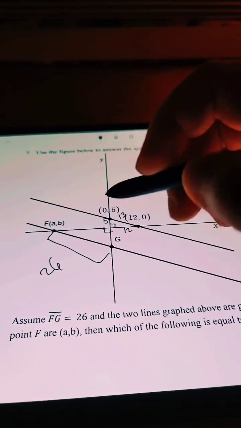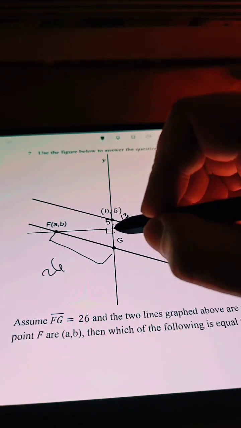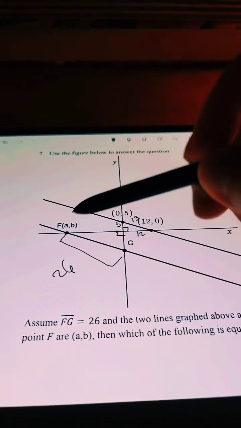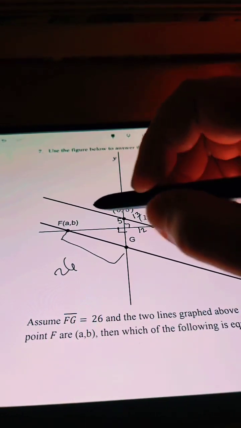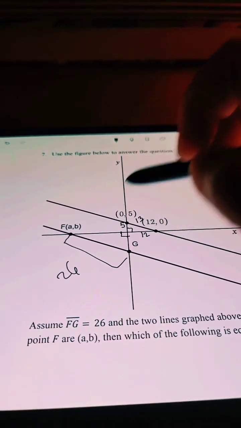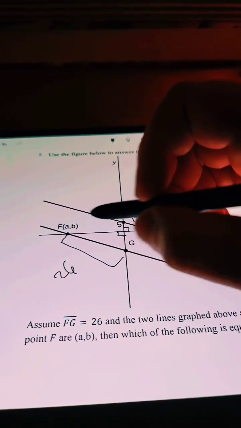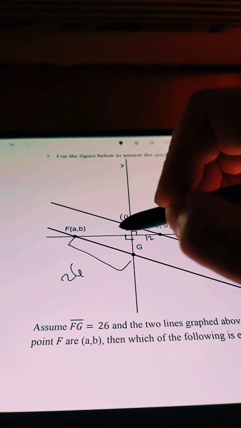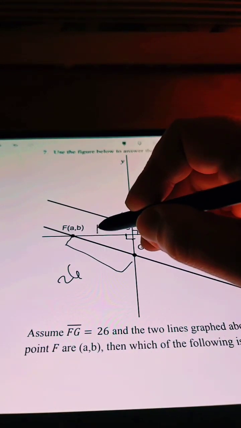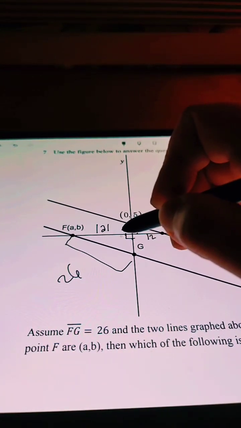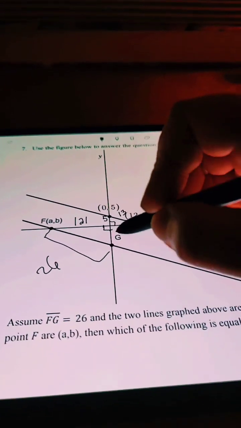And then you're going to say, okay, the length of this side is going to be, well, actually, I already see something, but I'm going to just keep going on my train of thought. So this side is going out to that A value right there. So the absolute value of A would be the length of this side right here.